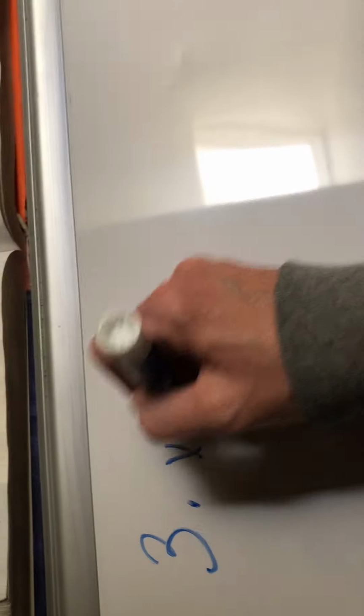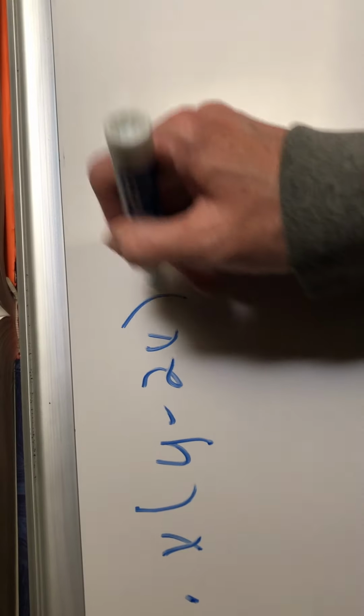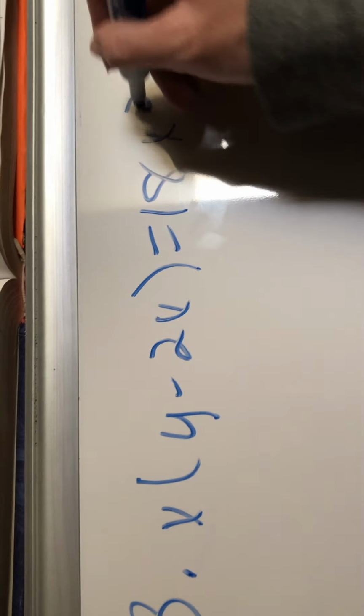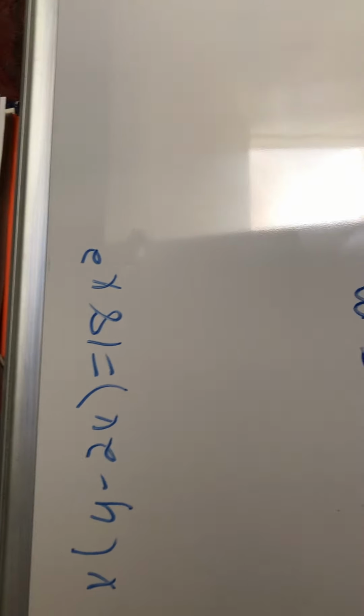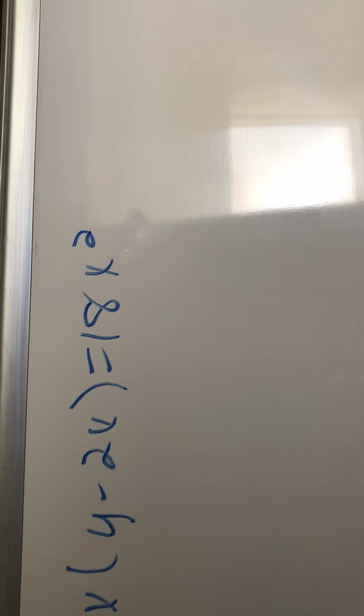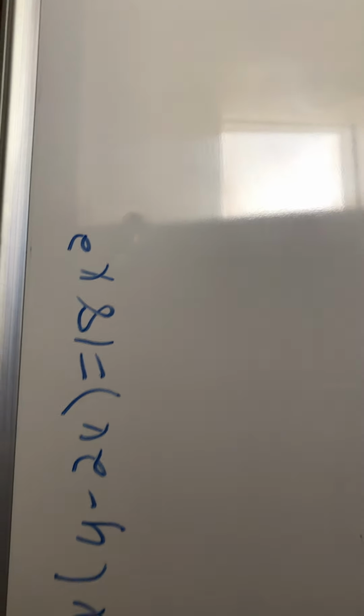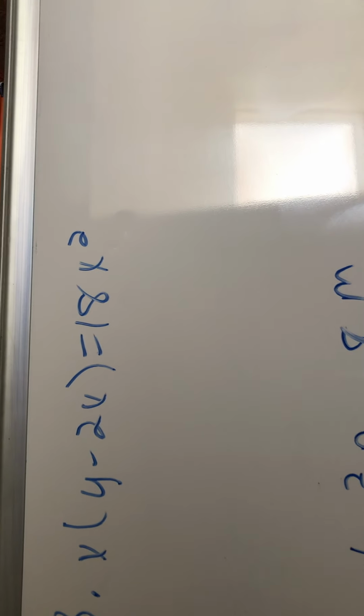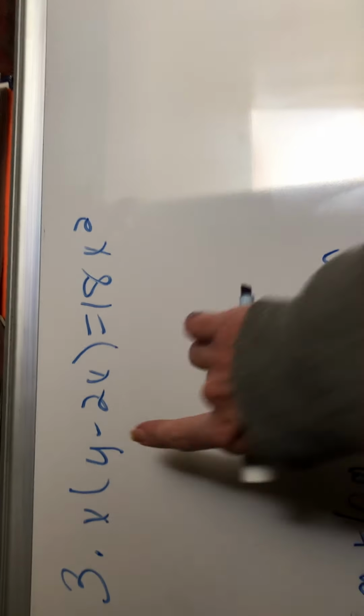Then I also wanted to remind you about 3 and 4 on the lesson. Number 3 and 4 are deciding whether it is quadratic or not, which means we've got to rewrite it in standard form, which means we've got to get y by itself.